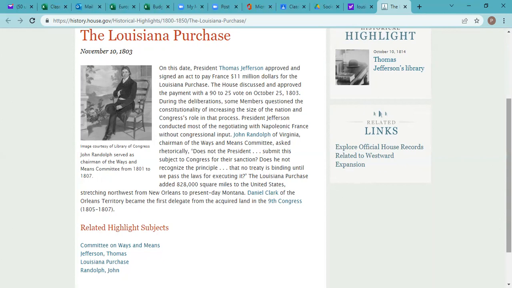Now, the reason why I was getting to this is because President Thomas Jefferson was actually not present when this decision was made. He had two men that went in place of him, and they actually had to make this decision whether this was going to go through or not.